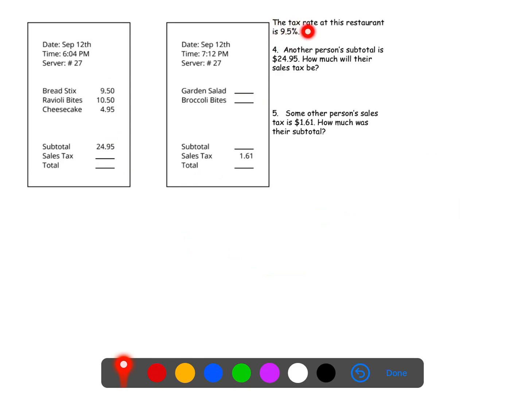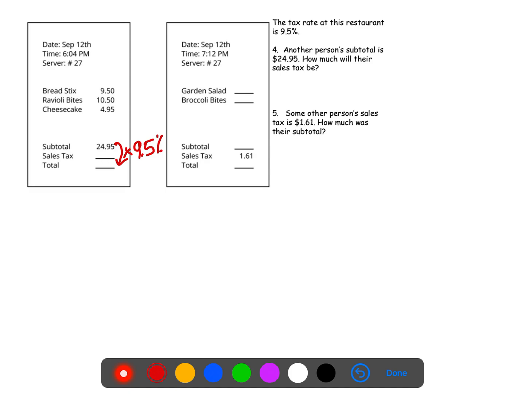Now we know the constant of proportionality is 9.5% or 0.095, and we need to calculate how much is spent in tax. So this is where we're going to take the subtotal, multiply by the constant of proportionality, 9.5%, to get our, I'm sorry, to get our sales tax.